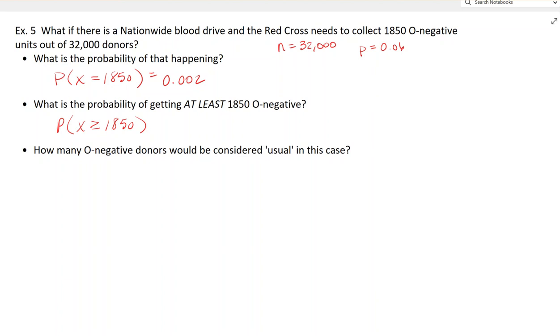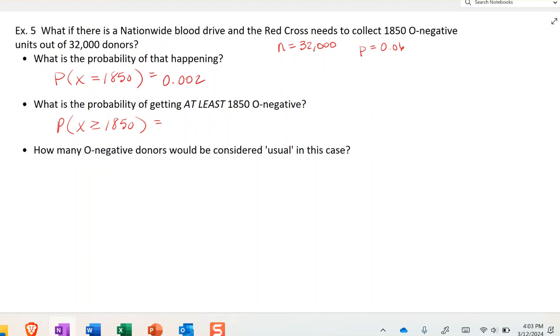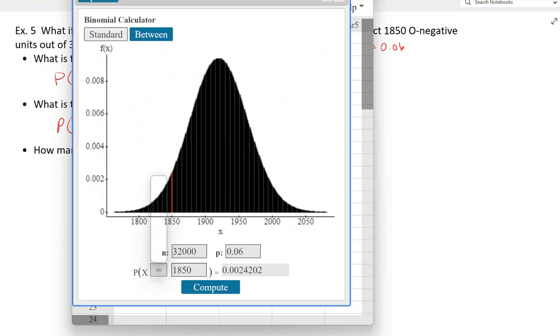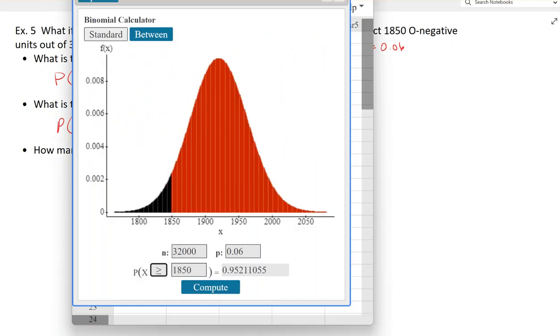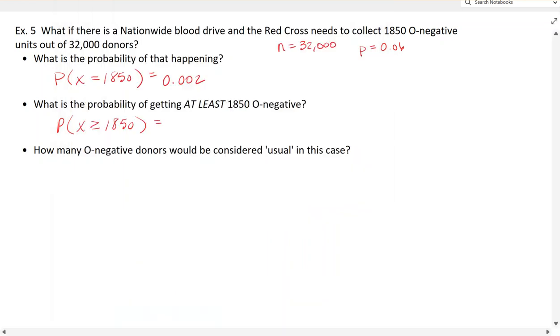So I'm going to look for 1850 or more, which is why I chose greater than or equal to. So if I head back to my calculator, I'm going to change that inequality symbol to greater than or equal to, and you can see here that now it's a 95% chance of meeting the goal of getting at least the 1850 donors that I needed, so 0.952.